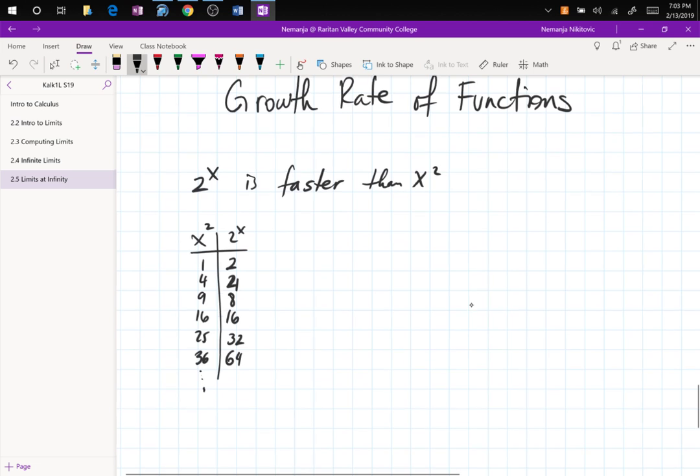And you see how it just took off eventually. Right, they were neck and neck in this region here, and then it just takes off on the exponential side, as you can see, because this one is still in the 30s, the next is 49, this is 128, it's just going to explode.